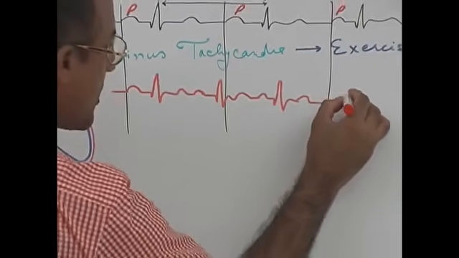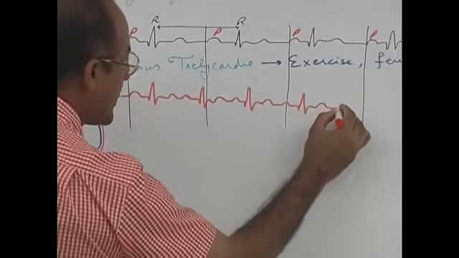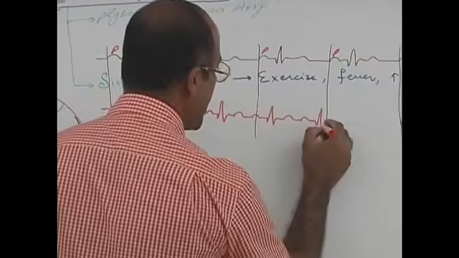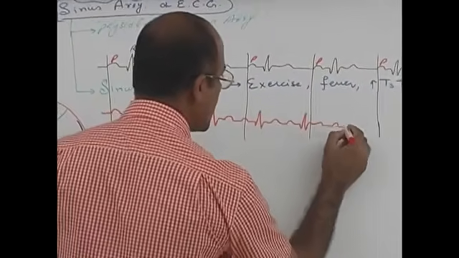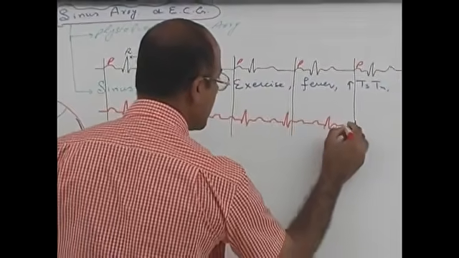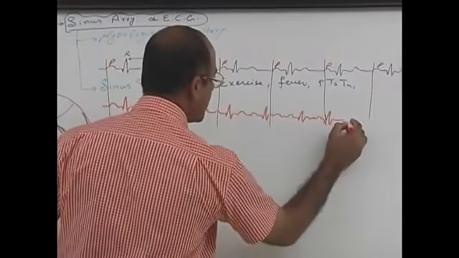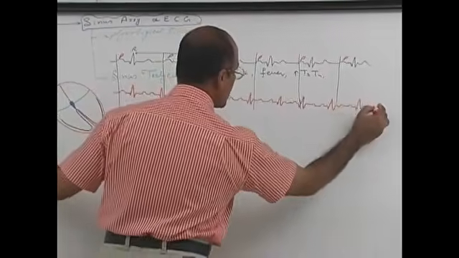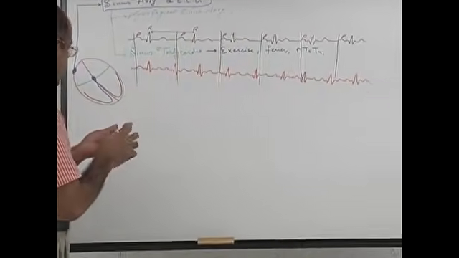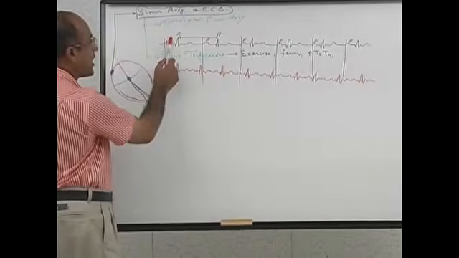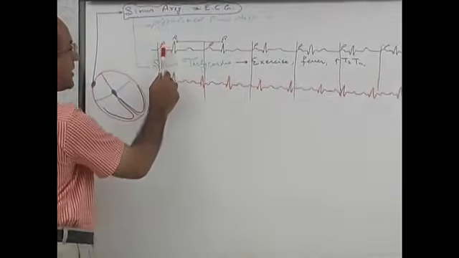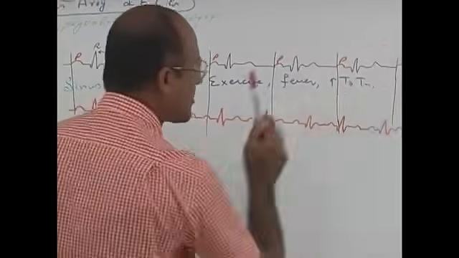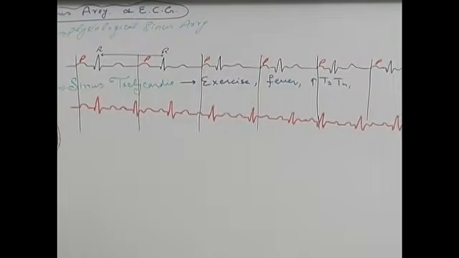Then again the P wave appears earlier. So due to increased activity of SA node, what is happening? Now you can see in the same given time the heart rate has been increased. Here when the heart rate was normal, in this given time there were 1, 2, 3, 4, 5, 6 sinus activities.